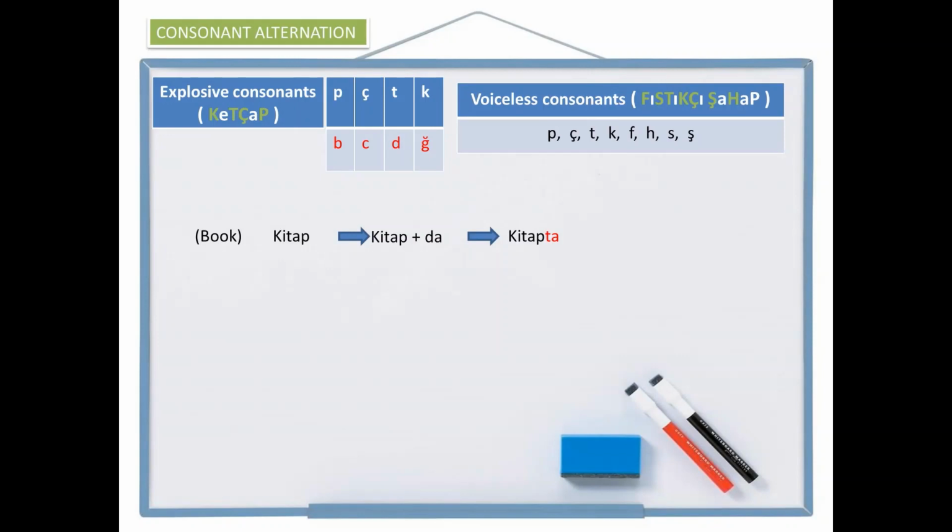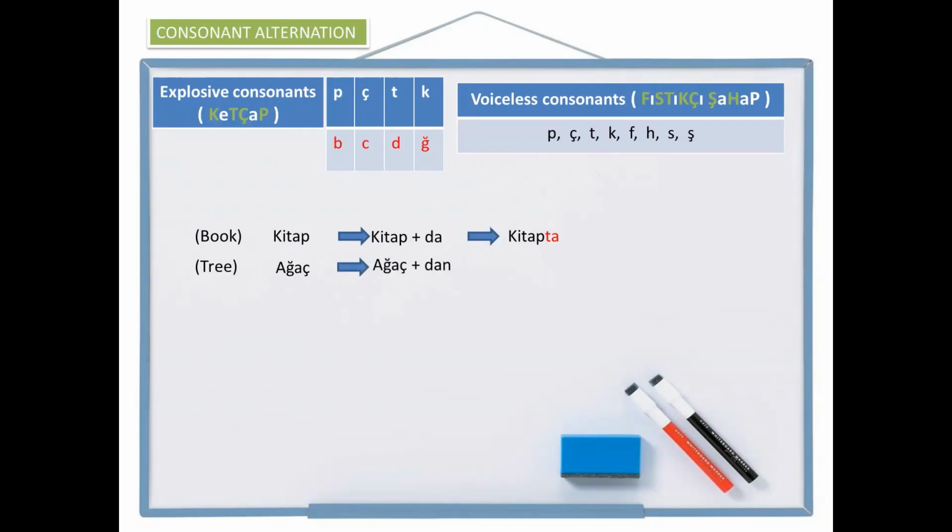Let's take a look at another one. Ağaç, tree. If I want to say from the tree, how am I going to say it? From the tree. Ağaçdan.